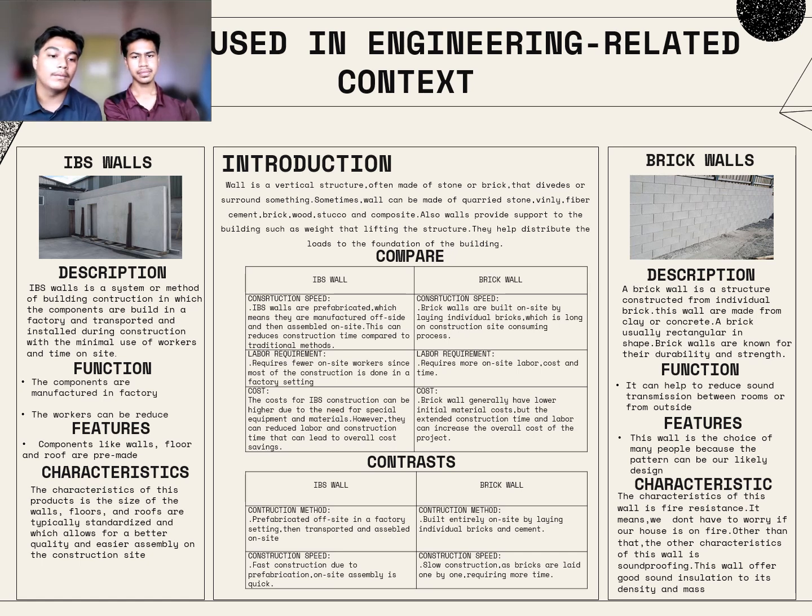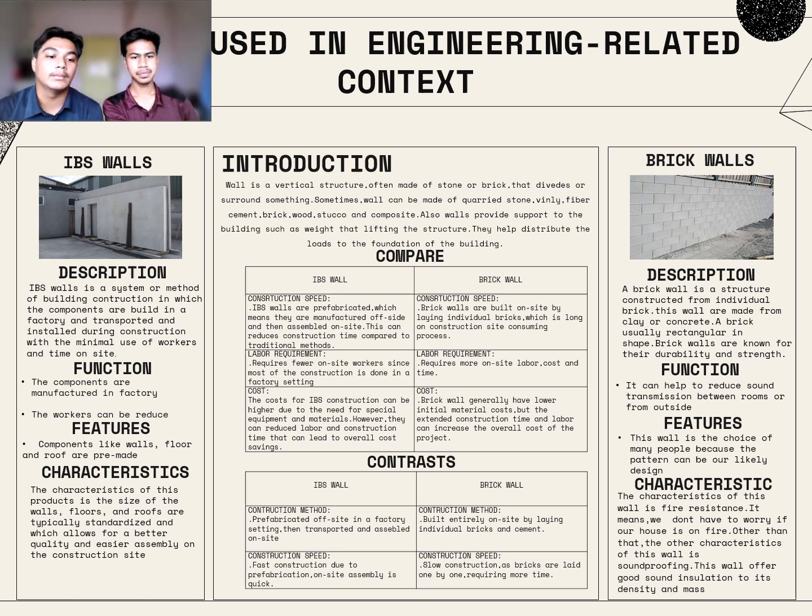For the labor requirement, the IBS wall requires fewer on-site workers since most of the construction is done in a factory setting. The brick wall requires more on-site labor. Cost: for the IBS wall, construction can be higher due to the need for special equipment and material.